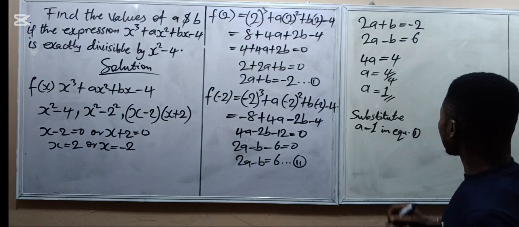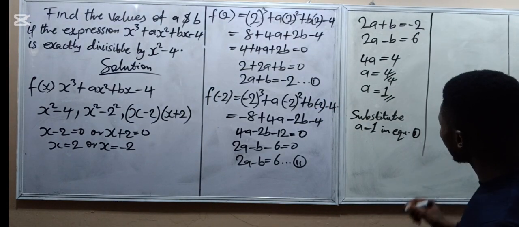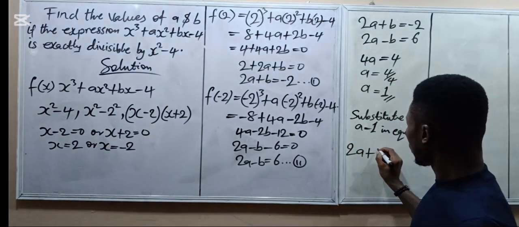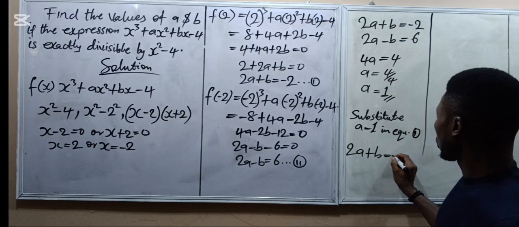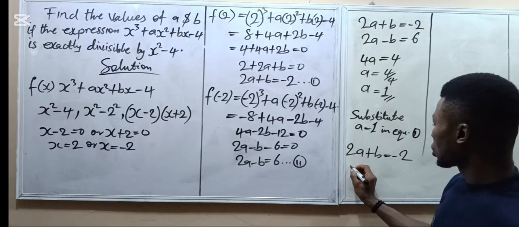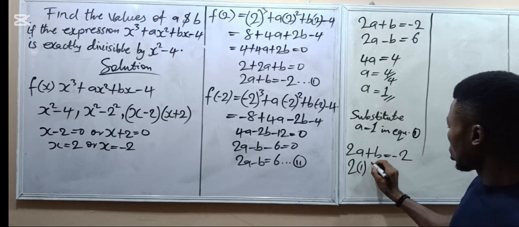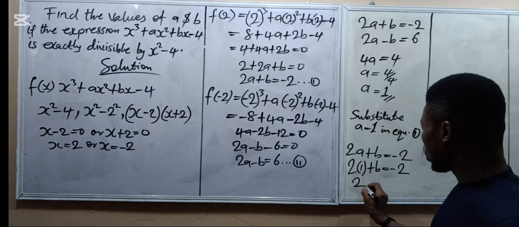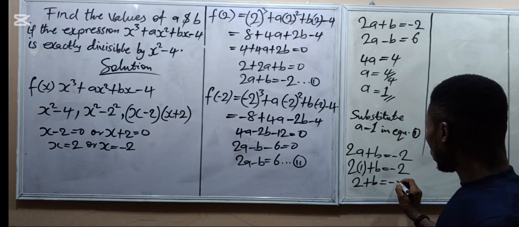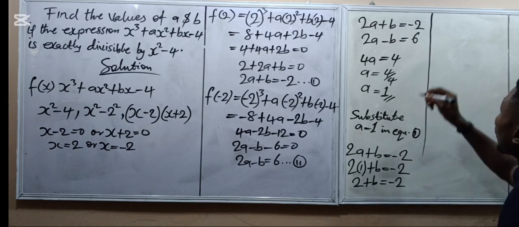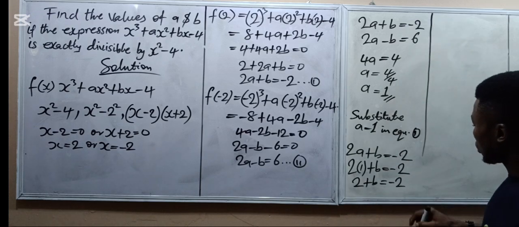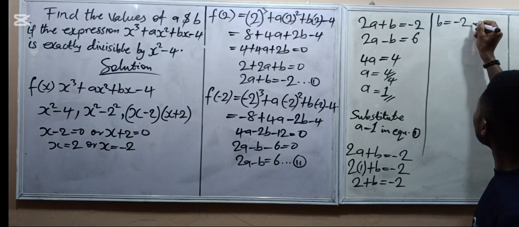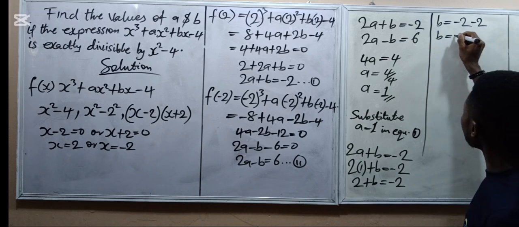Equation 1 says 2a plus b is equal to minus 2. And now a is 1, that is 2 into 1 plus b is equal to minus 2. Now this is 2 plus b is equal to minus 2. We take this 2 to the other side. We have that b is equal to minus 2 minus 2. That means b is equal to minus 4.